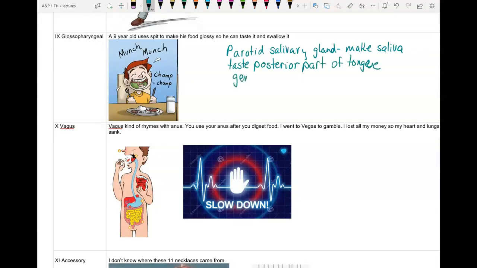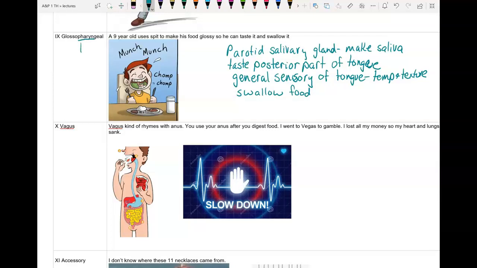It is also general sensory for the tongue. So this is another one telling you the temperature and texture of your food. And then this nerve is also involved in making you swallow your food. If you think of its name, glossopharyngeal, this part refers to the pharynx, which is your throat. And when you swallow food, it goes into your throat.